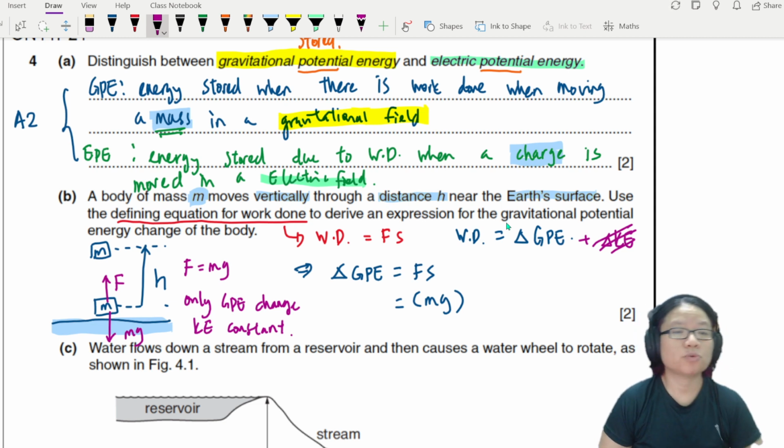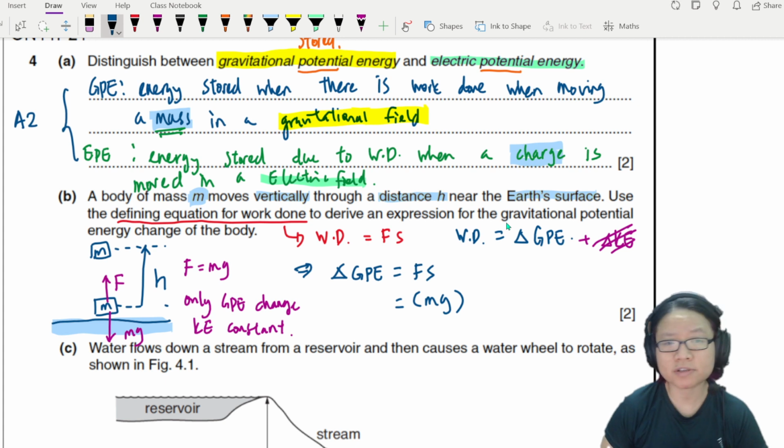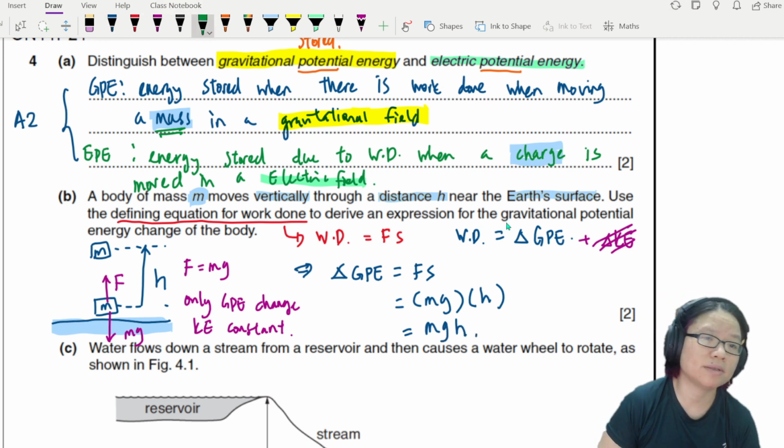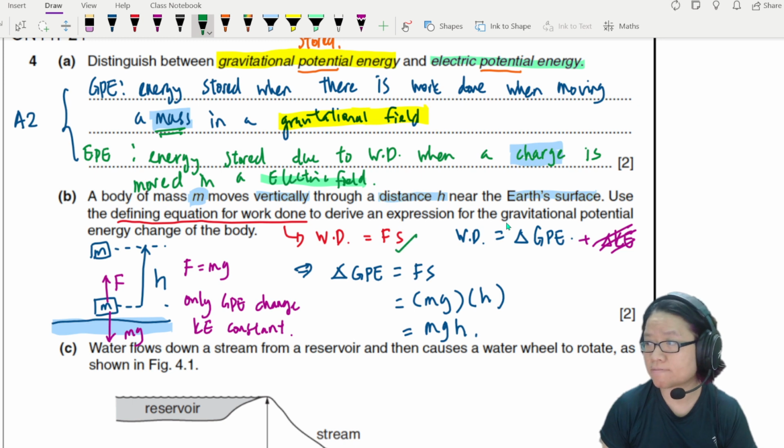All right, so we're going to have this mg, that will be our force, F is equal to mg, and the distance traveled is h. So you have mgh. All right, so where are the marks? If you write W is equal to Fs, and substitute F is equal to mg, you get 1 mark.